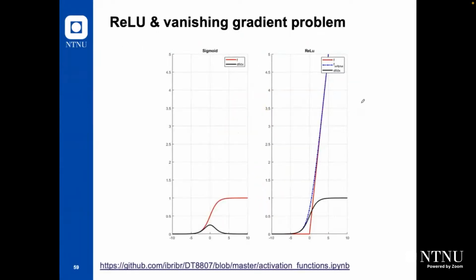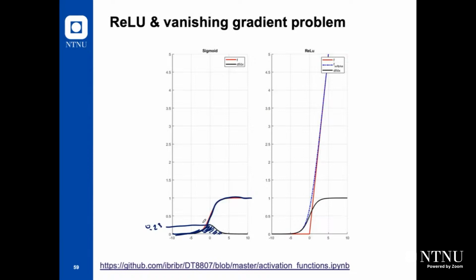This is just a comparison between the rectified linear unit and the Gaussian. If you have this sigmoid function, you see its first derivative will be this shaded part, which is very small. Maybe the maximum output here will be 0.23 something.